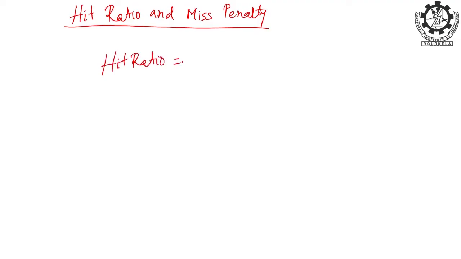There are some related terms, something I mentioned earlier, called hit ratio and miss penalty. What is hit ratio? The number of successful attempts divided by the total number of attempts. So, that is called hit ratio.